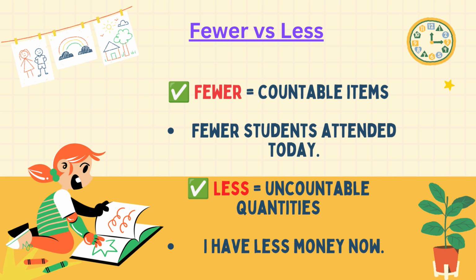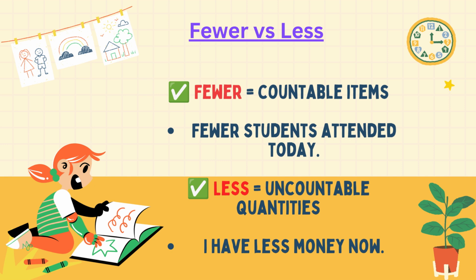Next slide. Fewer versus less. What is fewer? Use fewer for things that can be counted. Example, fewer students attended today. There are fewer cars on the road. We need fewer chairs. You can count students, cars, and chairs. What is less? Use less for things that cannot be counted easily.